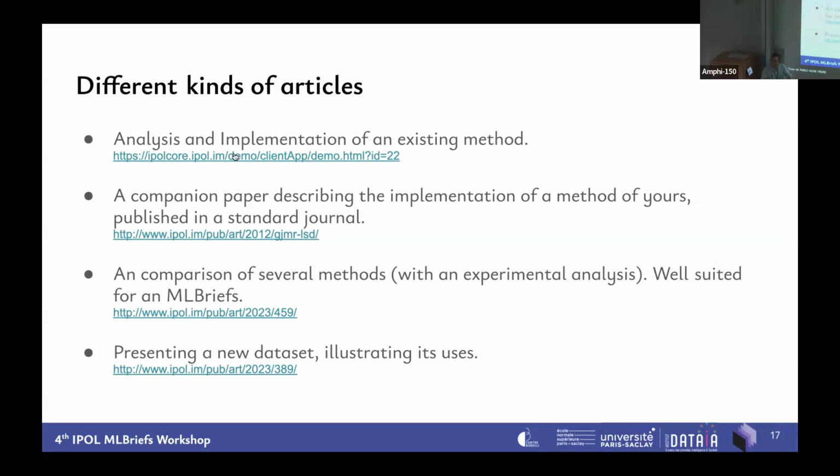If you go to the IPOL main web page and you click on articles, you will see all the articles from 2011 to now, and you will see that many of them are implementations of other existing methods. It's not just the implementation. I mean, it has to have some added value. Typically, the added value comes from testing the method a lot and doing an in-depth analysis.